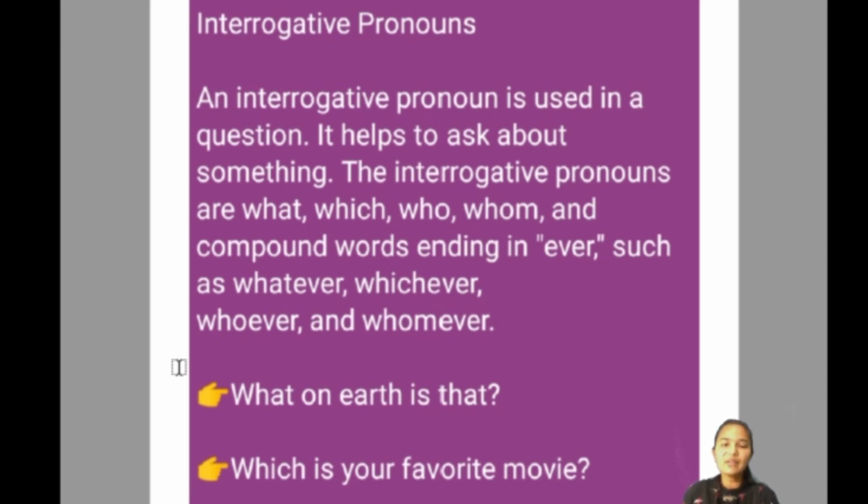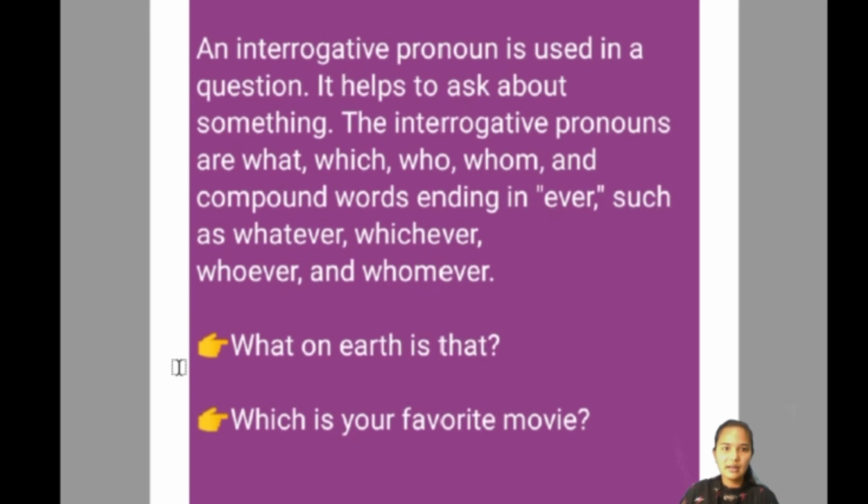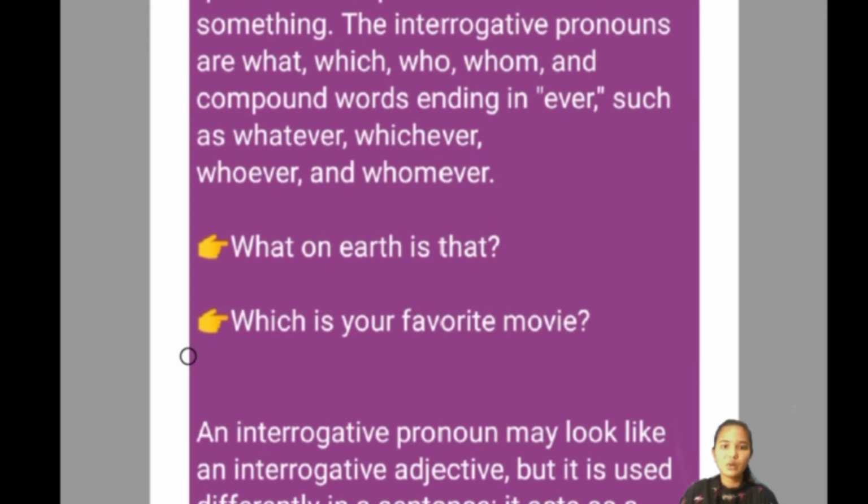The interrogative pronouns are what, which, who, whom, and compound words ending in ever, such as whatever, whichever, whoever, whomever. We will consider all these as interrogative pronouns because we will use them for the purpose of questioning.